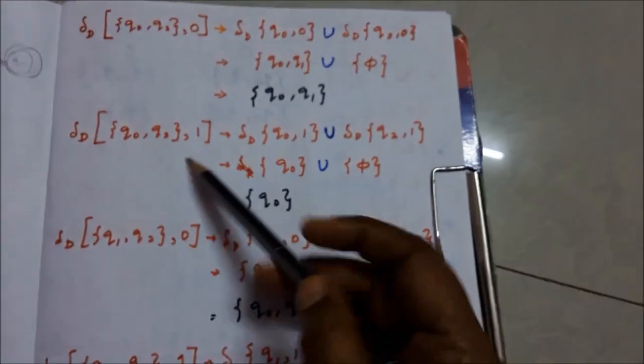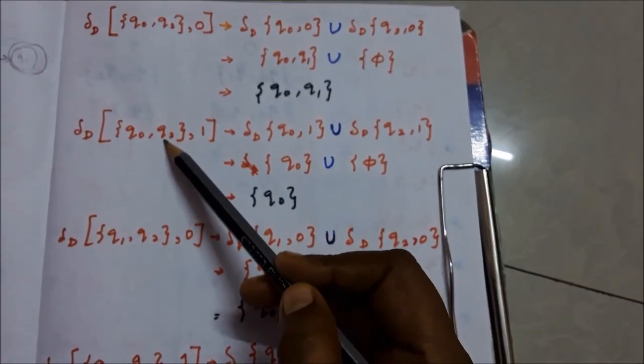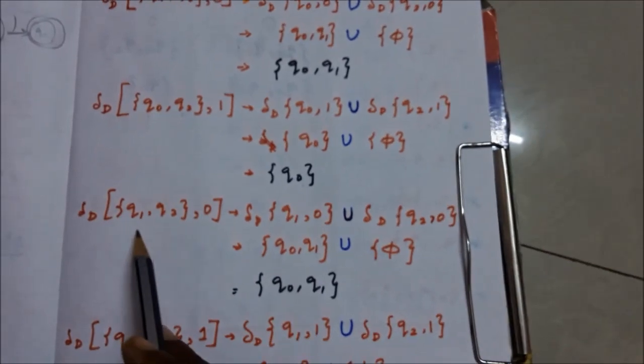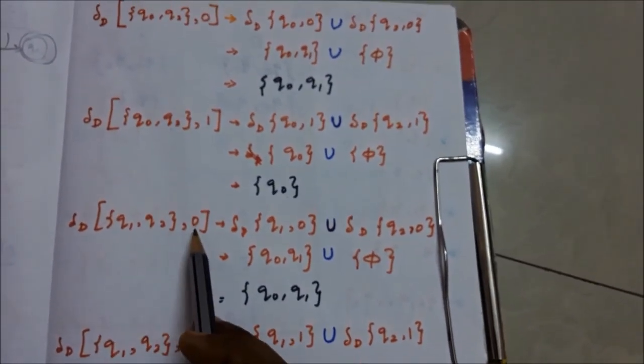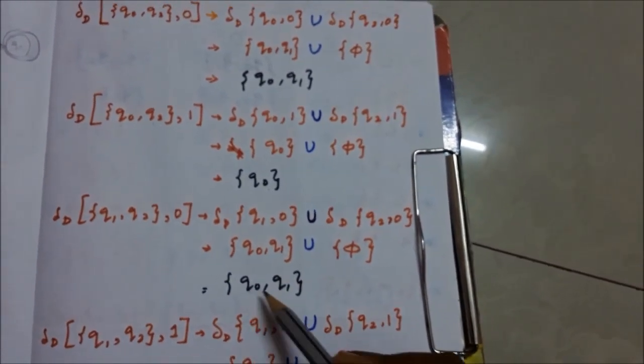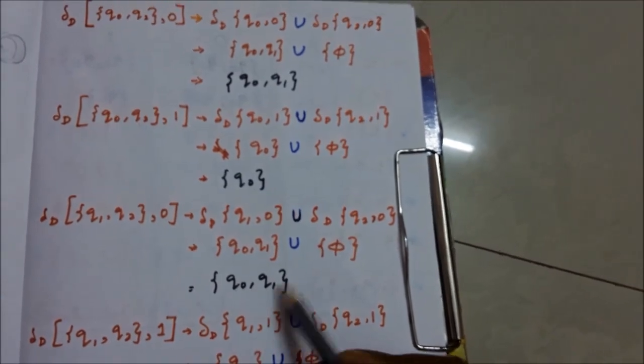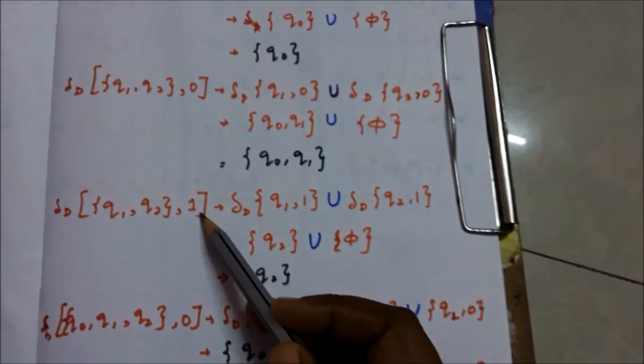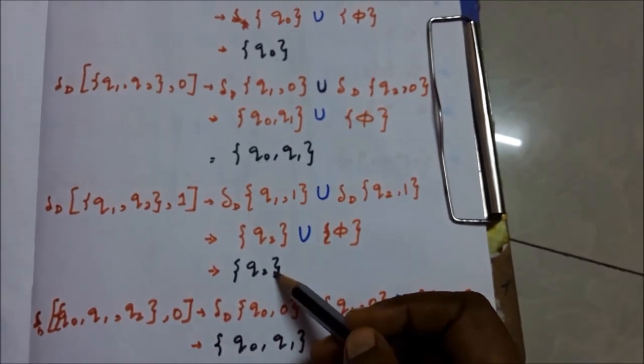The same thing we can follow for Q0 comma Q2 with input symbol 1. We will get Q0, and for Q1 comma Q2 with input symbol 1 we will get Q2. So we get Q0 comma Q1, and Q1 comma Q2 input symbol we will get Q2.